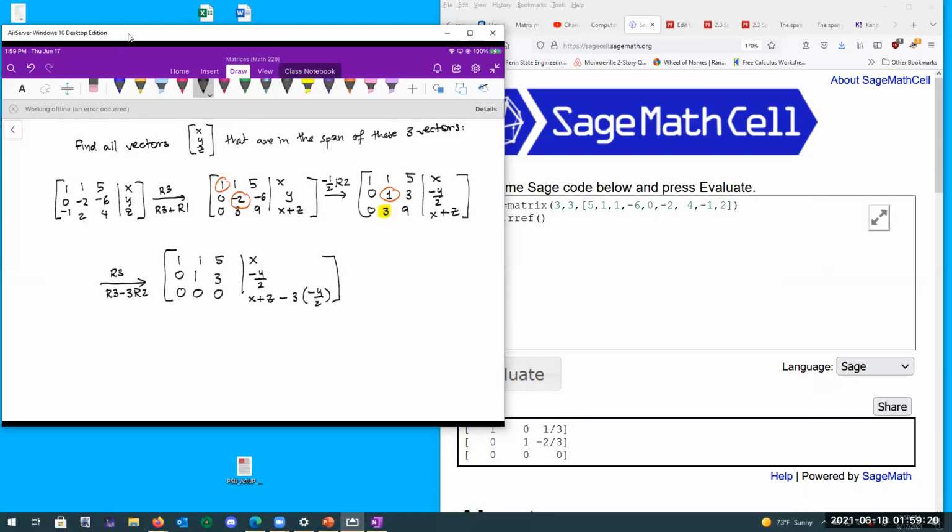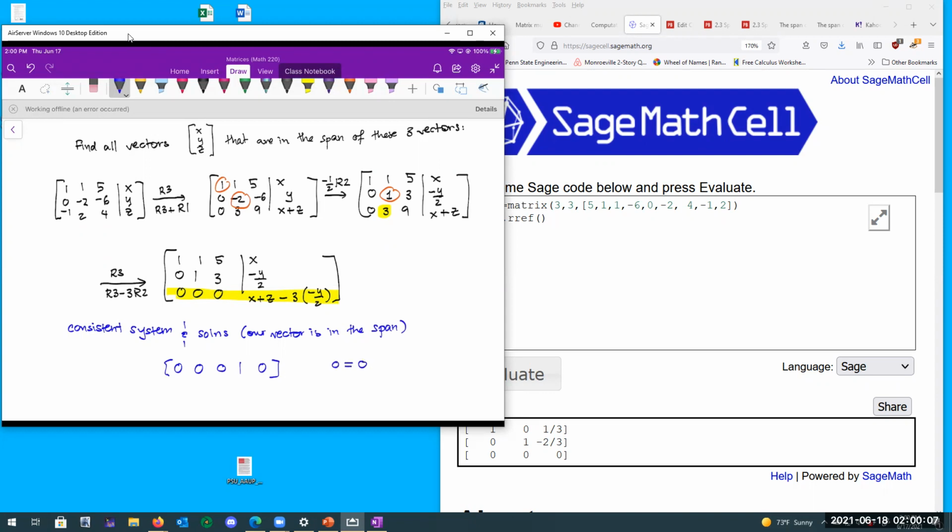Let's focus in on this last equation. We're going to have a consistent system and solutions, our vector is in the span, if this last row is 0, 0, augmented with 0, which corresponds to the equation 0 equals 0.